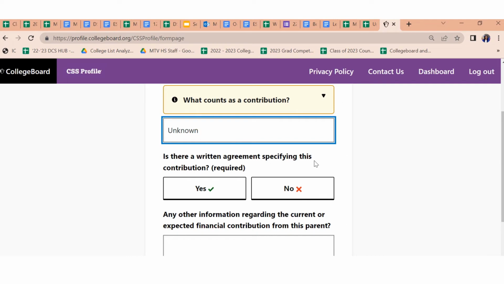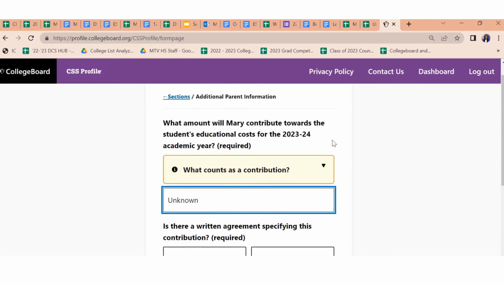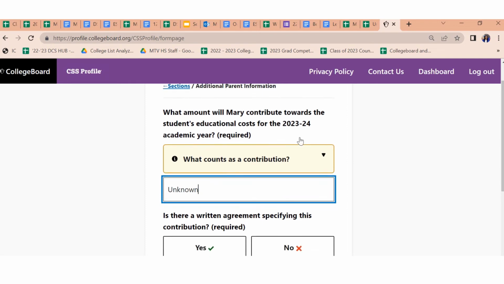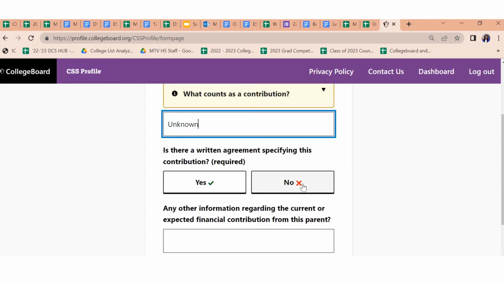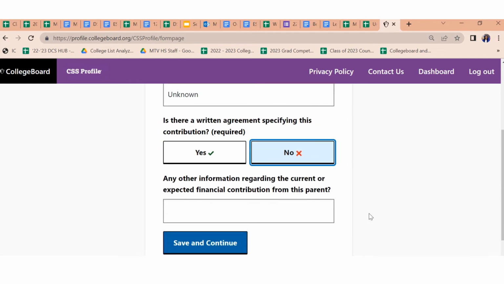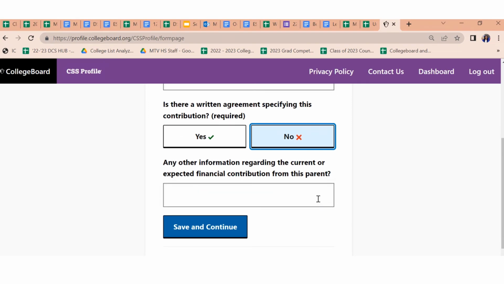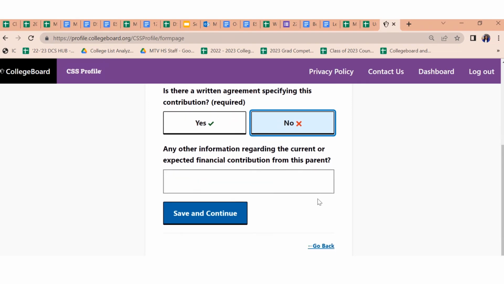And then, is there a written agreement specifying that the non-custodial parent will pay a certain amount towards educational costs in 23-24? Most people, I think, will put no here. And then I would leave this blank, any other information regarding the current or expected financial contribution from the non-custodial parent. Again, the non-custodial parent will be asked to fill all of this information out.